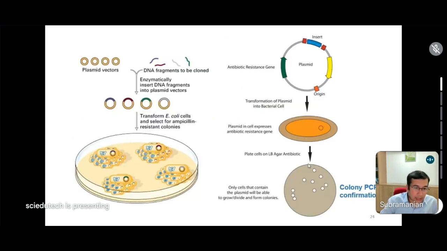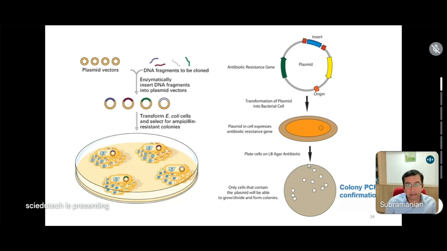Finally, once you have the gene inserted in the bacteria, you plate it on an agar plate containing antibiotic selection, because your plasmid has an antibiotic resistance gene, and that enables the plasmid to be replicated in the bacteria. The bacteria containing this antibiotic resistance gene would survive while others would die.